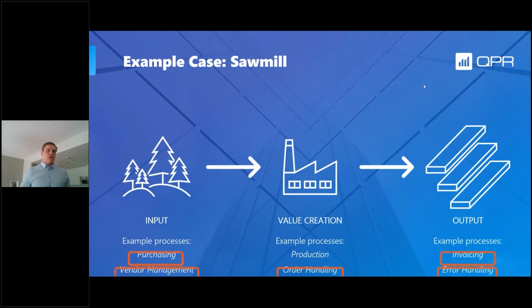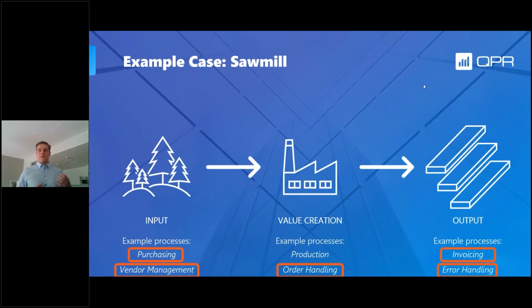But these apply for the rest of these so-called back office processes as well. So for example, you can have some orders that are being reworked, some information is mismatching or something like that. You can also have credit notes happening in your process. So when you are doing invoicing, you may have credit notes or something like that.